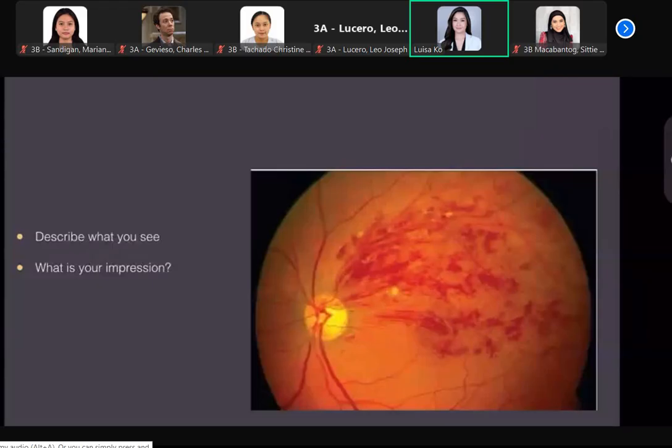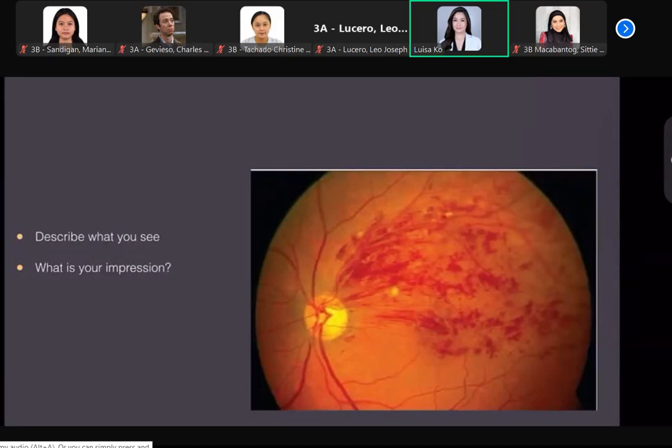Are you clear so far with reading the fundus from the medium towards the AV ratio? Were you taught how? Okay, Doc, as to the ratios.